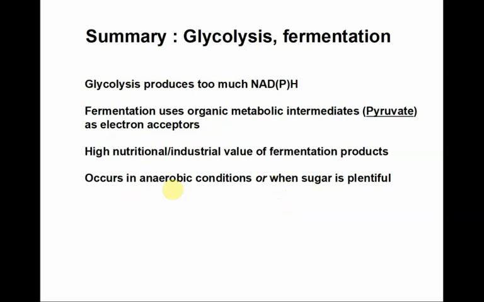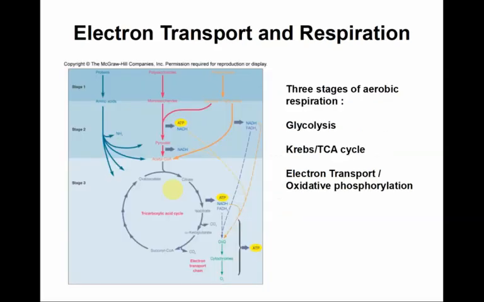Okay. Right, so now we're going to talk about respiration. So in this case, there's basically three stages. So glycolysis, so you end up with pyruvate, and then the Krebs cycle, which I'm sure you'll be doing in biochemistry.